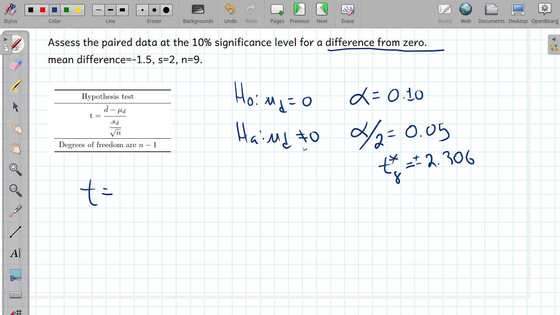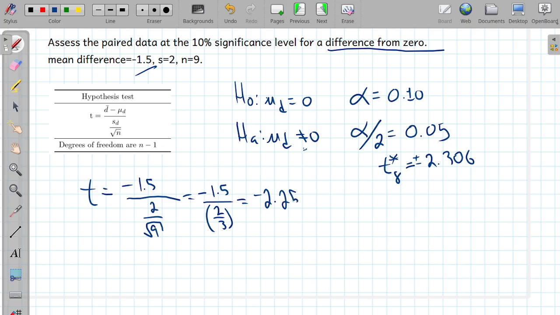Now d bar is negative 1.5, standard deviation is 2, and the sample was 9 observations. We had negative 1.5 over 2 divided by 3. So this should be negative 2.25, because the math on that one is easy.